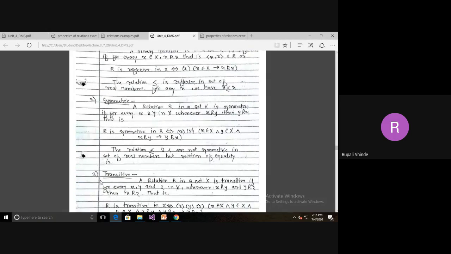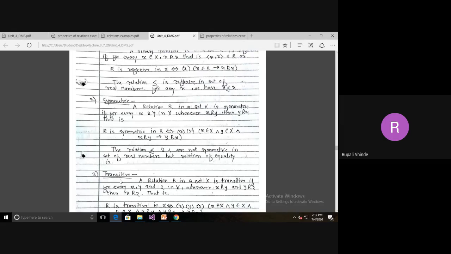Then the next was the transitive property. Again for transitive, we have to check for any three elements x, y and z: if x is in relation R with y and y is in relation R with z, then x must be in relation R with z.